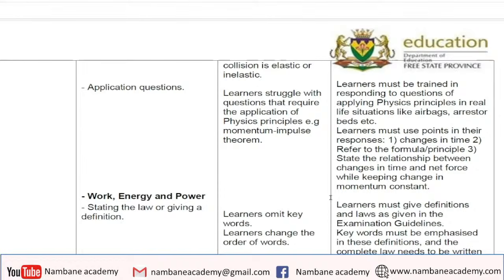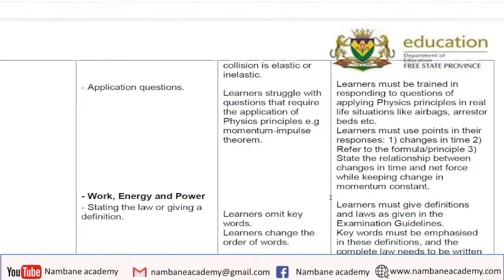You must be able to use the momentum impulse theorem to explain the importance of such things. And as I indicated earlier, when we explain point by point, please tell us, for this changes this in this way.